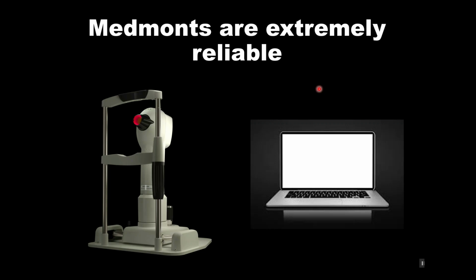And the Medmont is really just a fancy camera with a joystick attached to it. So there's not a lot of moving parts. There's not a lot to break down on the unit. So the Medmonts tend to be extremely reliable. It's the computer that's more likely to break down on you.